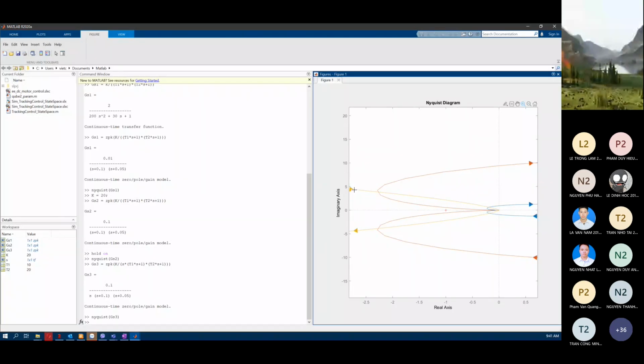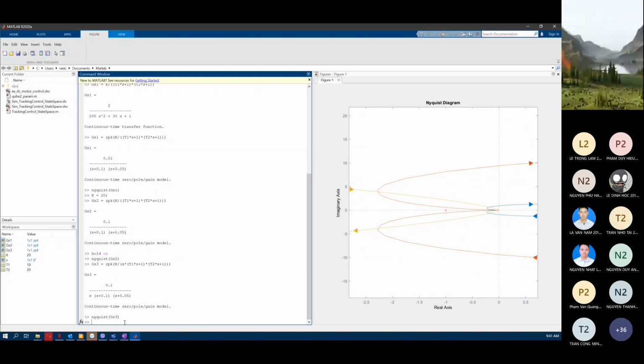In this case, you can see here when we go from infinity, the point -1 is always on the right-hand side of the Nyquist diagram. That means the Nyquist diagram encircles this point clockwise. So the closed loop system is unstable.